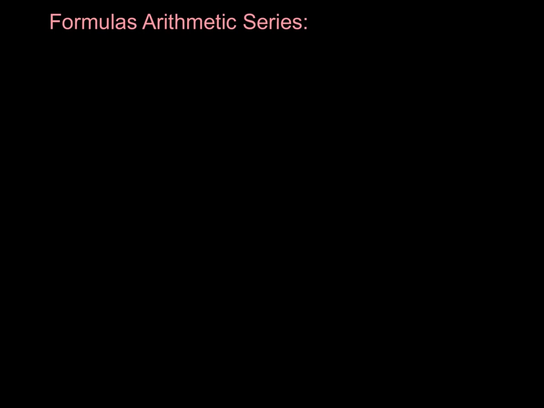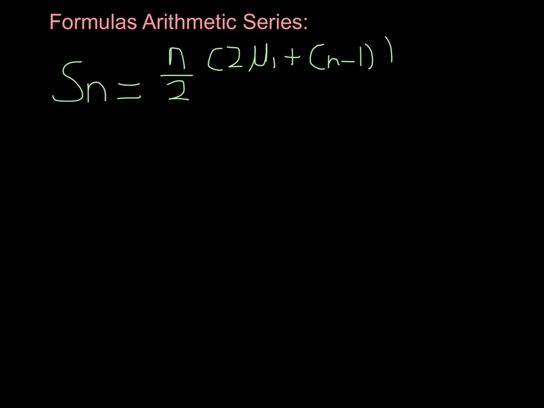So, if you're given an example when the common difference is clear, you need to use this formula, which is the summatory of position n equals n divided by 2 times 2 u1 plus n minus 1, and this times d, which will just be to replace the values that are given to you by the exercise.